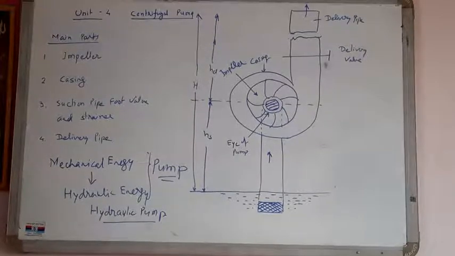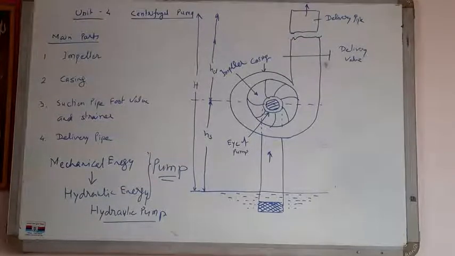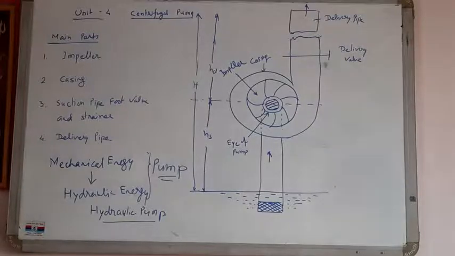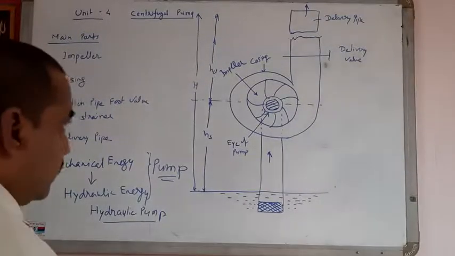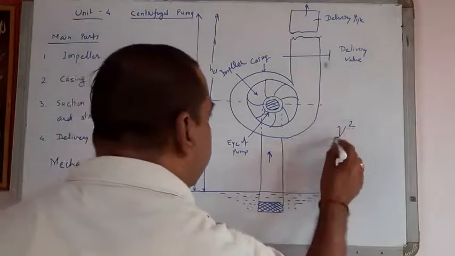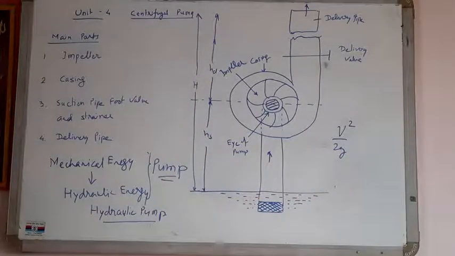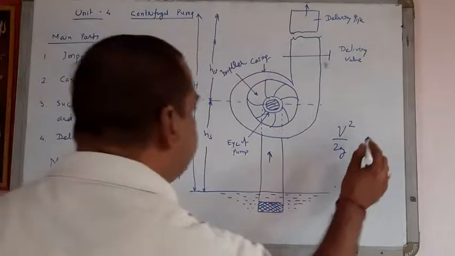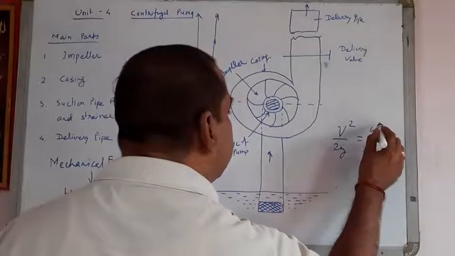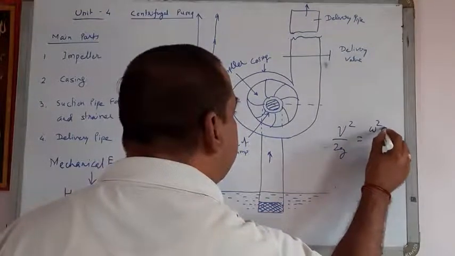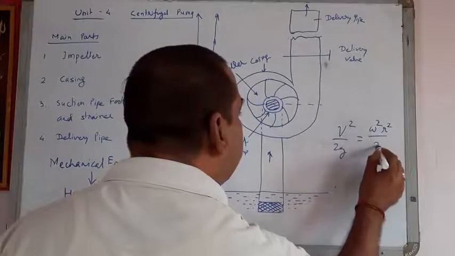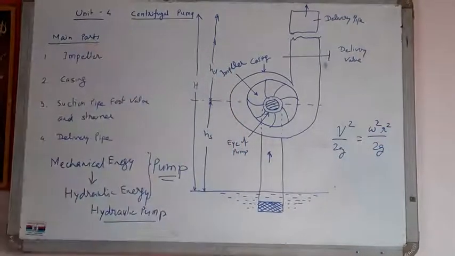That is, rise in pressure head equals V square by 2g, or that can also be written as omega square R square by 2g.